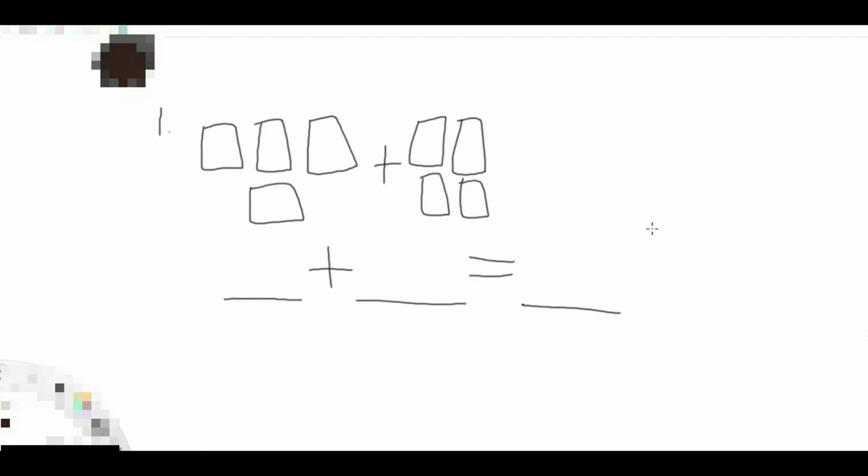Here we have 4 squares and another 4 squares. First of all, you could count. Adding is sort of combining two numbers into one, which will make a larger number.